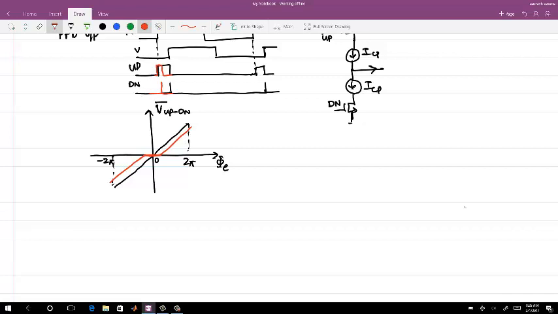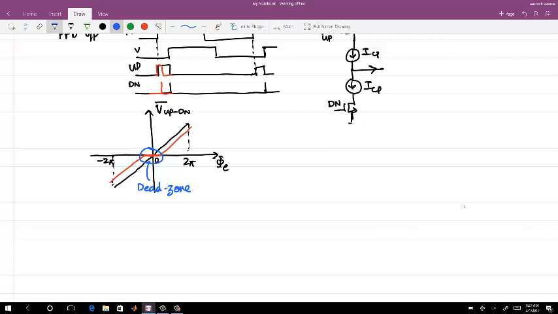This is because of the real characteristics of the PFD, the phase frequency detector, and this region is called the dead zone. Your feedback loop is broken, because if the phase error is within that range, you will not be able to correct for that phase error itself.